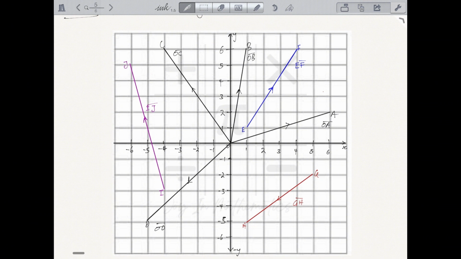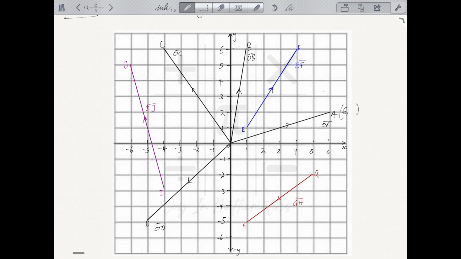For OA, we just have to look for the coordinate of A. The coordinate of A is 6, 2, because we are dealing with x, y.